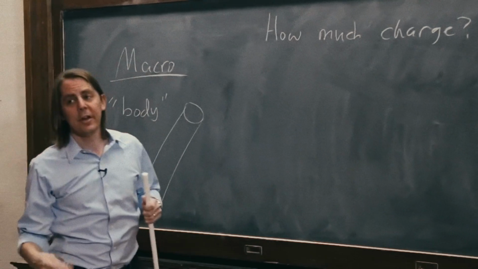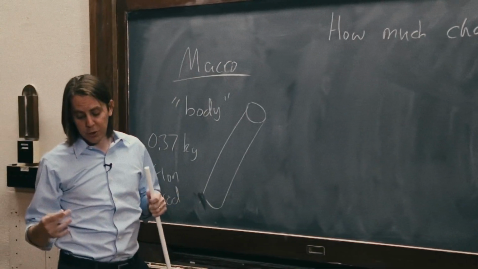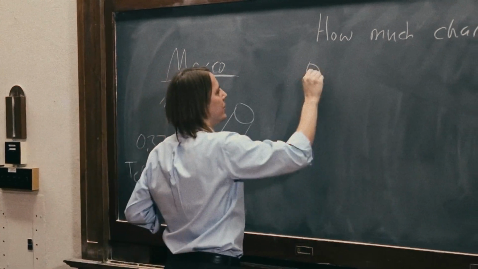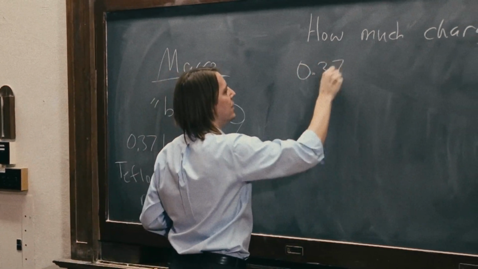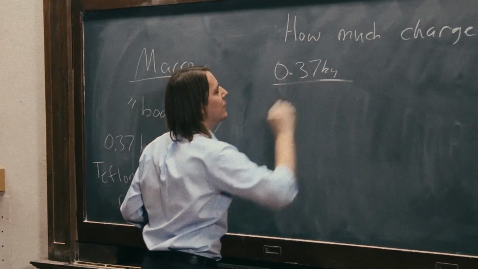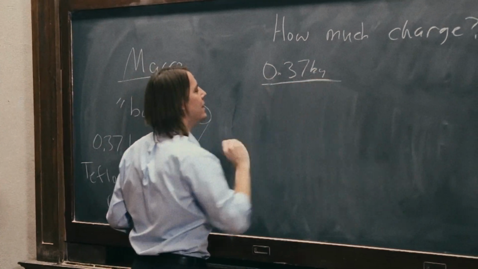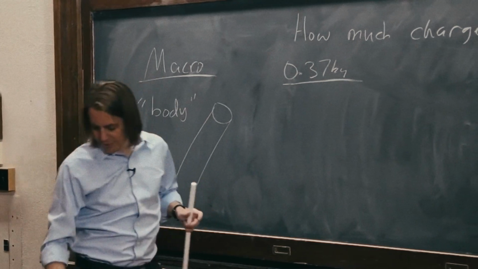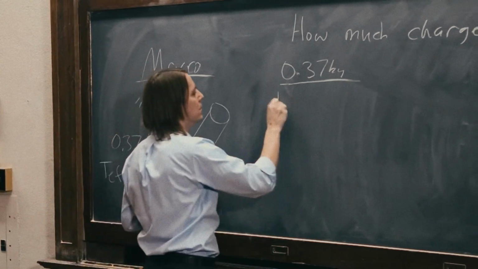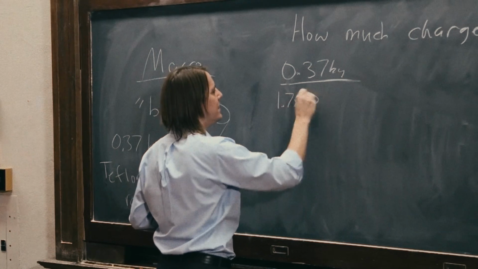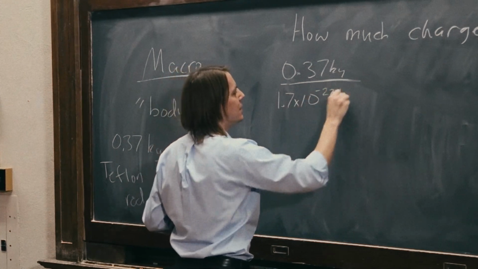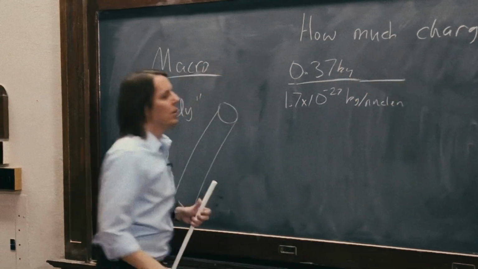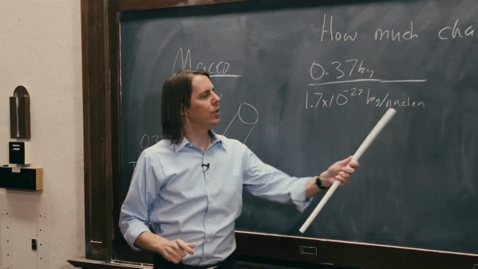And you can actually figure that out from what you already know from the micro scale of charge. Because you could say, okay, this thing weighs 0.37 kilograms, and we learned that the mass of a nucleon was very small, 1.7 times 10 to the minus 27 kilograms per nucleon, where a nucleon is either a proton or a neutron.